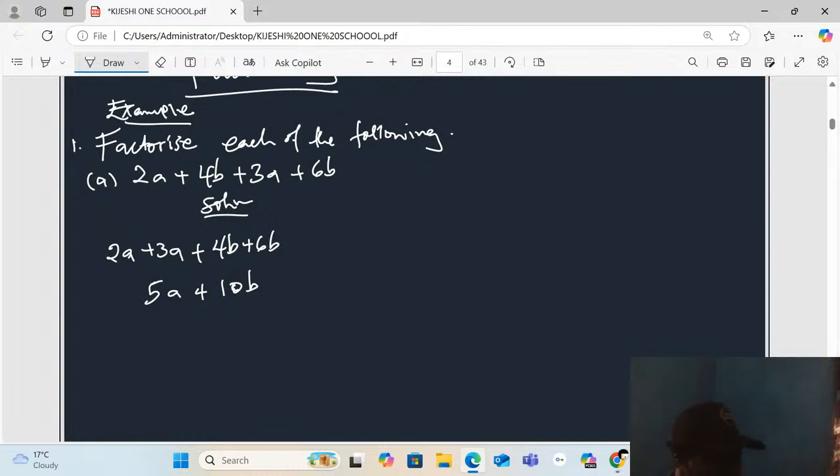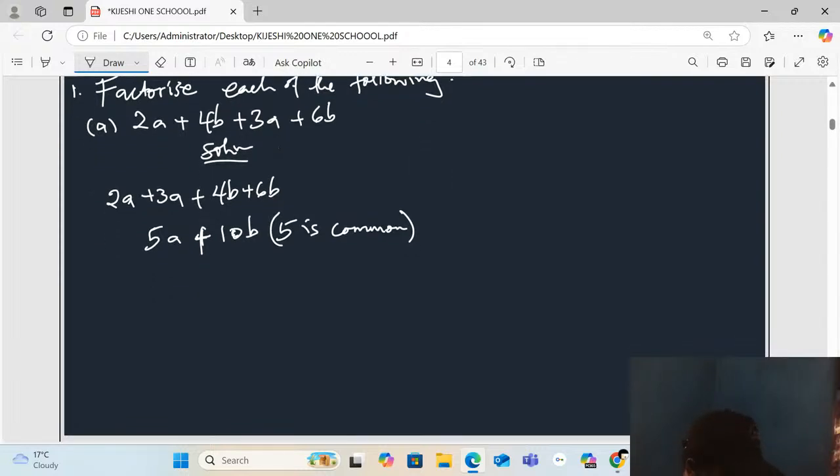5a plus 10b. Now in 5a and 10b, we have 5 as a common factor. And therefore we can factor it out. Let us factor it out.